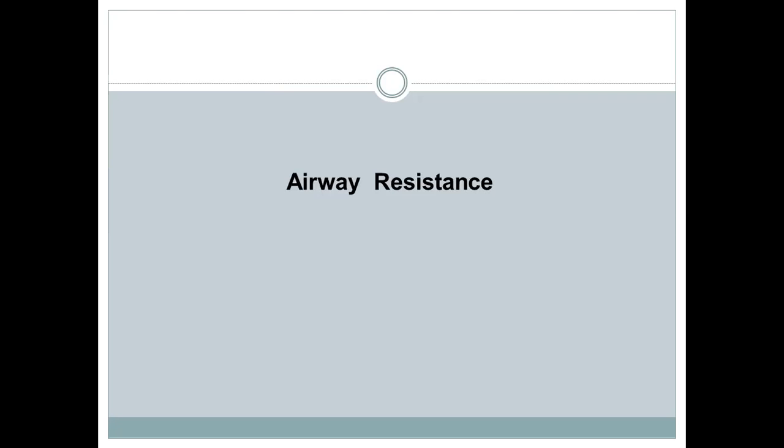In this particular session, I am going to discuss only the physical factors which affect the mechanism of respiration. Now the next important resistance which we are going to discuss in this session is airway resistance.